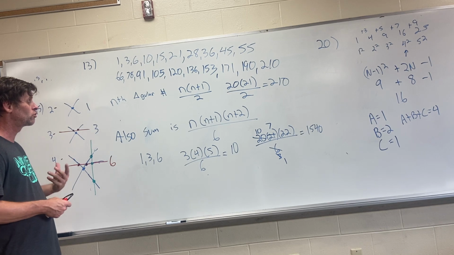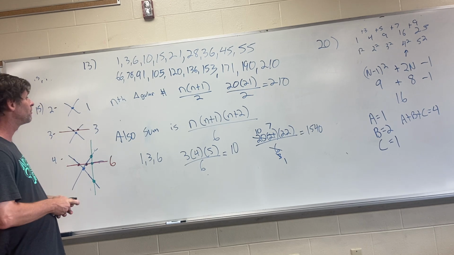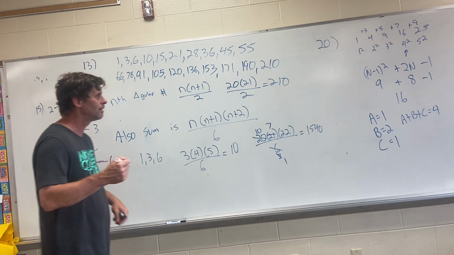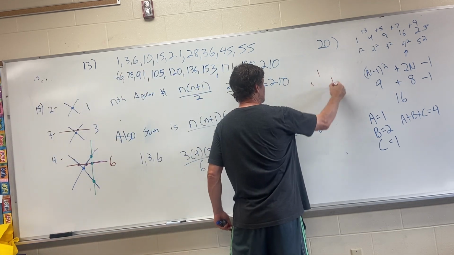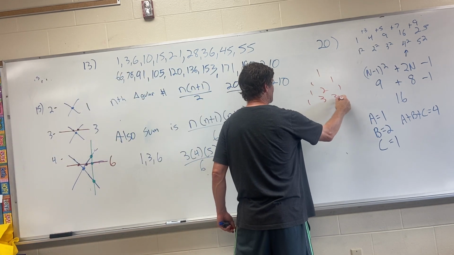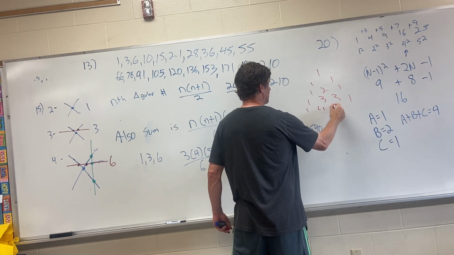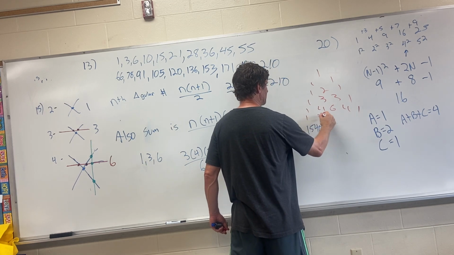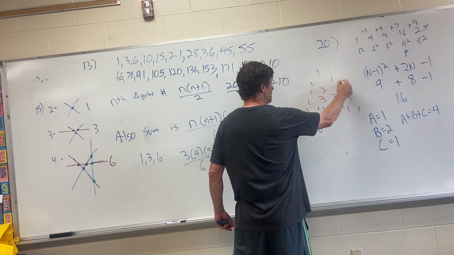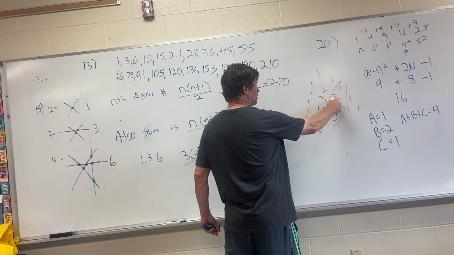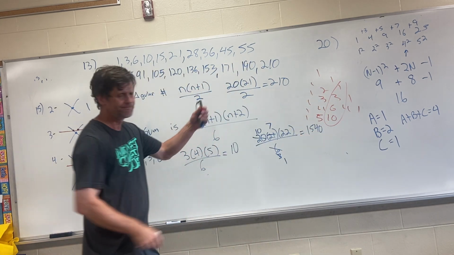This is our triangular numbers from the Pascal's triangle that I've tried to show you before. 1, 2, 1, 1, 3, 3, 1, 1, 4, 6, 4, 1, 1, 5, 10. The triangular numbers, plus 2, plus 3, plus 4.